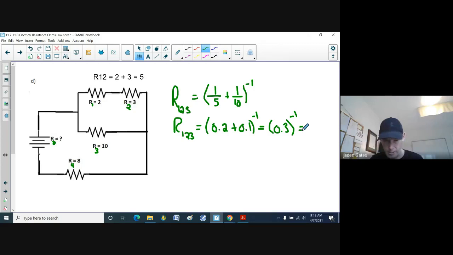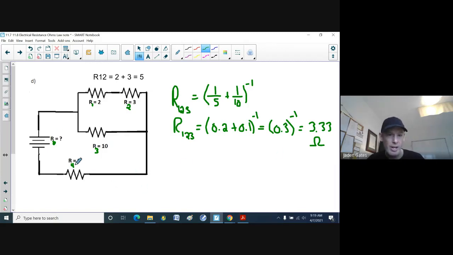And when I do that, I end up with 3.33 ohms. Again, there's that little funny horseshoe. So if I put all these 3 loads, 1, 2, and 3 together, equivalently, they would have the effect of having 3.33 ohms of resistance within the circuit.